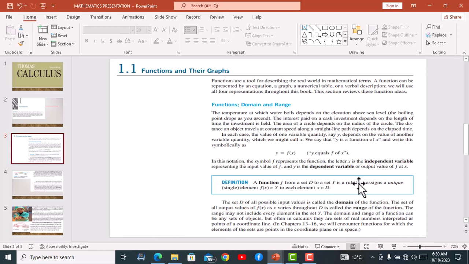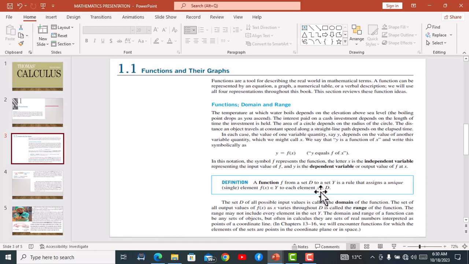So a function f from a set D to a set y is a rule that assigns a unique, single element f(x) in y to each element x in the domain.